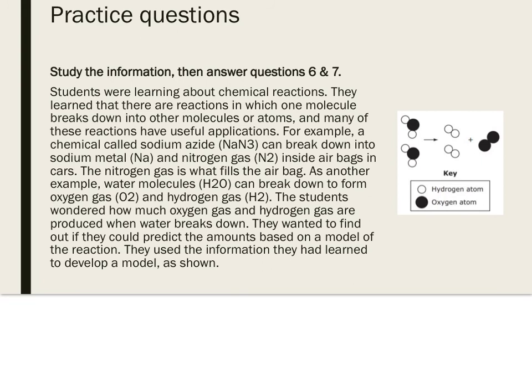Students were learning about chemical reactions. They learned that there are reactions in which one molecule breaks down into other molecules or atoms, and many of these reactions have useful applications.